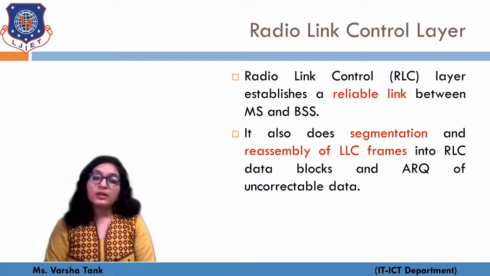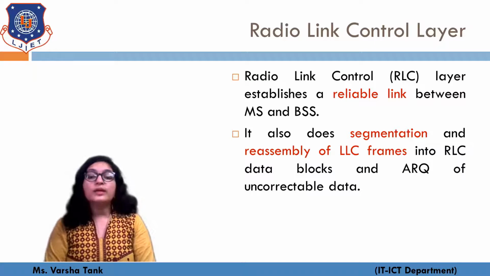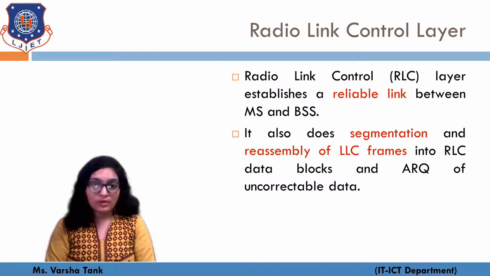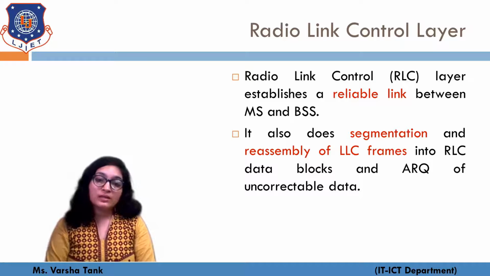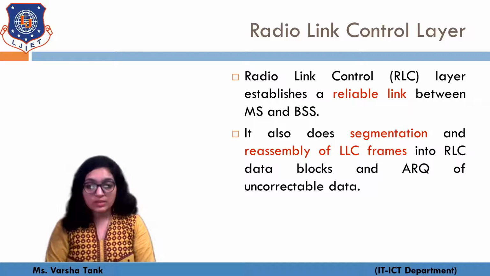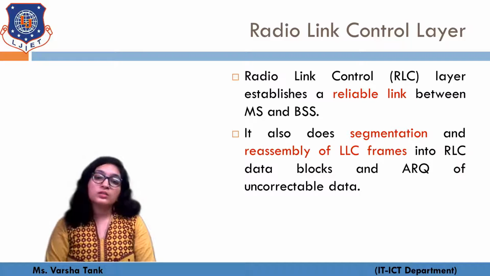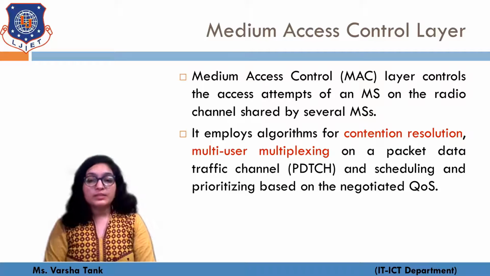Radio link control layer. The radio link control layer again provides a reliable link between the mobile station and the base station. It is also responsible for segmentation and reassembly of the LLC frames. Segmentation means we are dividing the data packets, and reassembly means we are combining the data packets at the receiver side. So the radio link control layer is responsible for this. Now next is the medium access control layer.